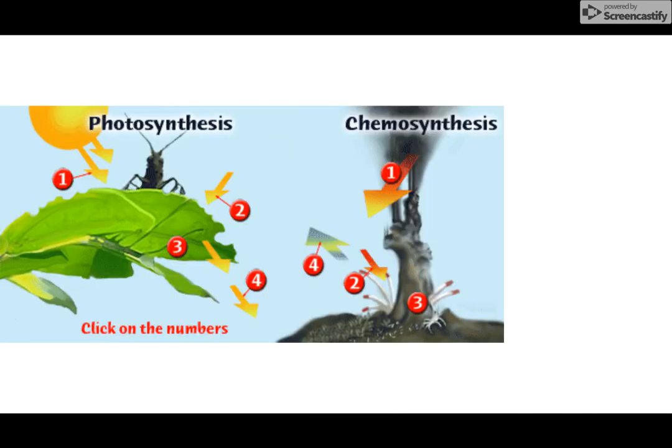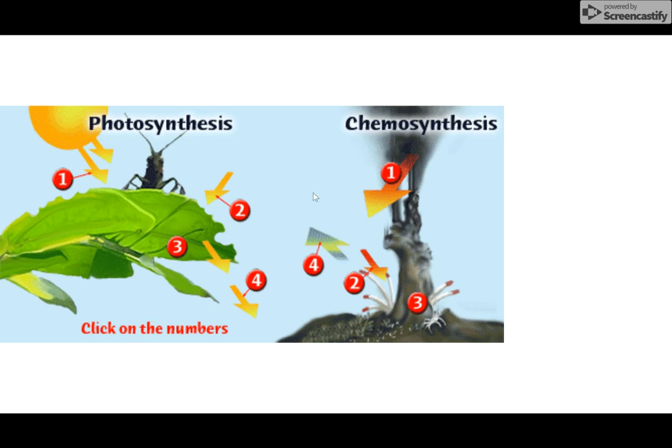Okay, on this slide, I want to kind of compare photosynthesis and chemosynthesis. Photosynthesis is how plants and other photosynthesizers convert light energy into sugars.